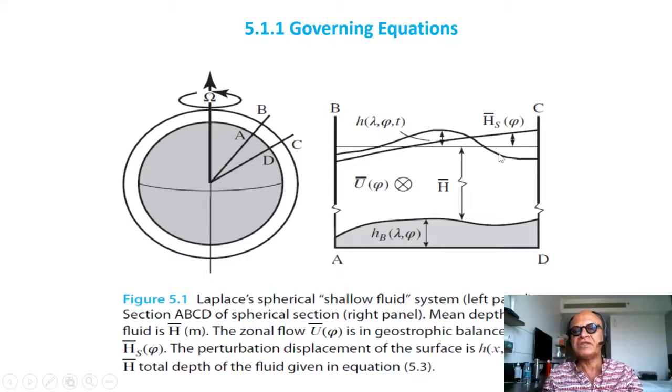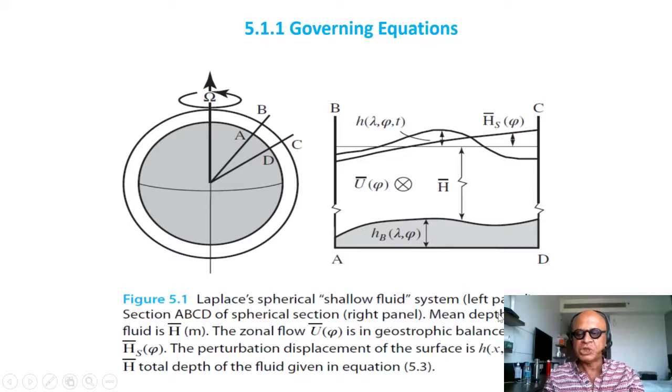You have the mean surface given by h bar here, which we think of as equivalent depth, and you have dynamics driving, let's say in his case the tides, driving this sea surface height variation, h(x,y,t) or h(lambda, phi, t), and then we translate that into equations.